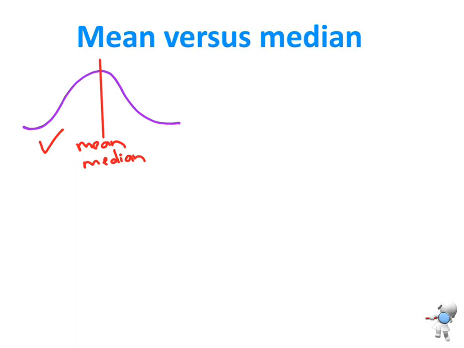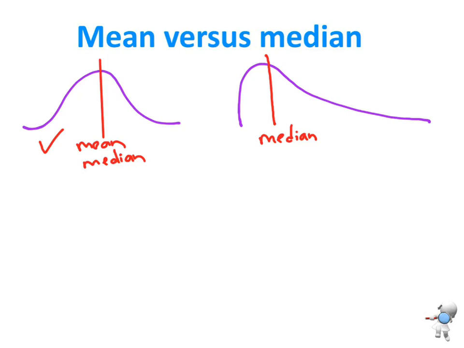However, and this is where there's a big but, what happens if I have data, for example, that is right skewed? My median, remember, is just finding the number in the middle position. The median is going to be just to one side for right skewed data. However, to find the mean, you've got to add up all the numbers and divide by how many numbers you've got.